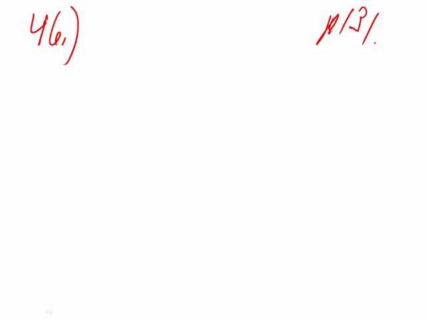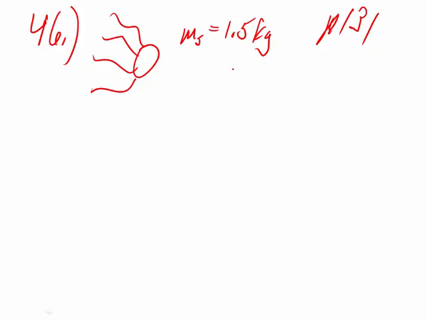All right, so 46 says we got a squid uses jet propulsion for rapid escapes. A squid pulls water into its body and then rapidly ejects the water backward to propel itself forward. All right, so we got a squid. Yeah, I know they're not round, but just pretend, okay? All right, and so the mass of the squid is 1.5 kilograms, okay?